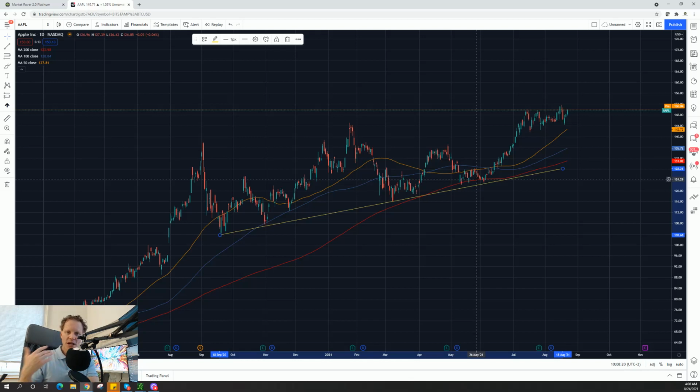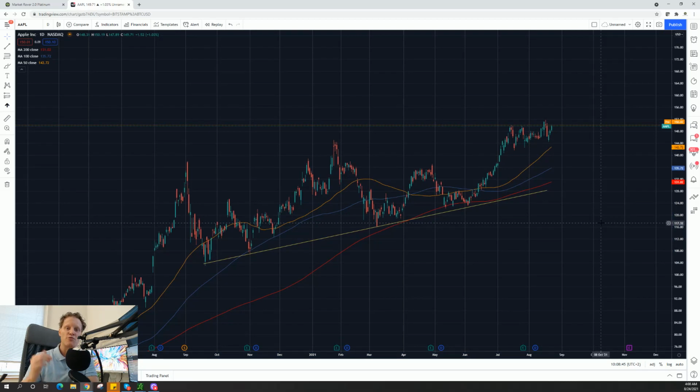When it comes to moving averages, personally, I like to use simple moving average. There's also exponential moving average and other types of moving averages. There's nothing wrong with exponentials. It's just what I like to use. For reference points on daily charts, and this is actually kind of the key point, I like to use moving averages for reference points, right? It's not an absolute tell for me to buy or sell.